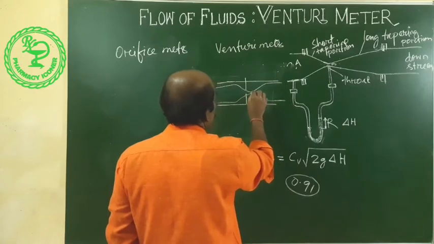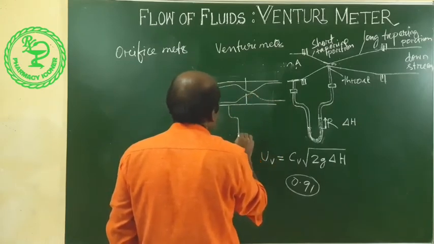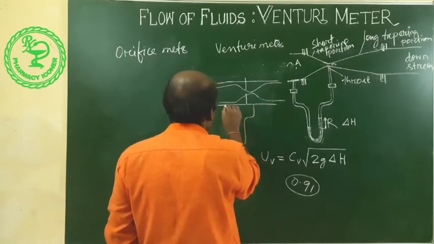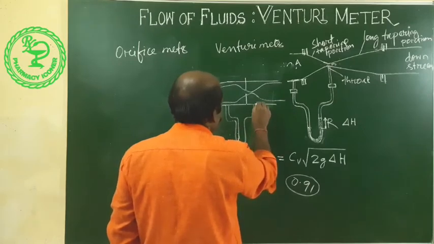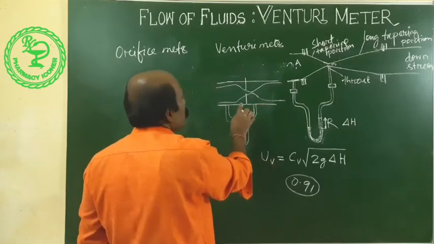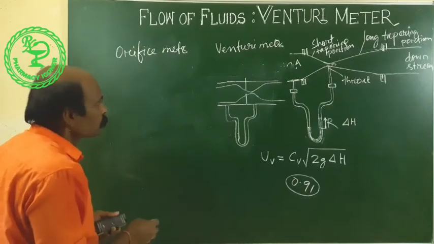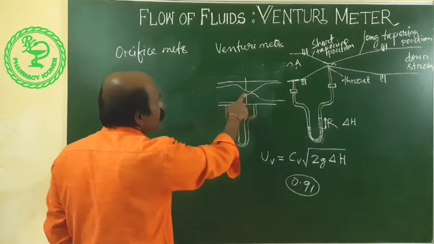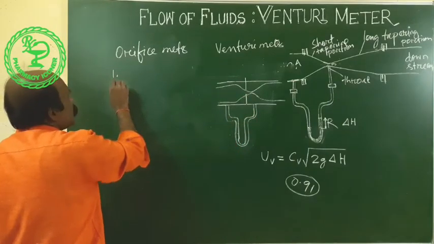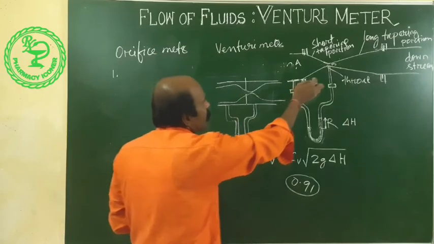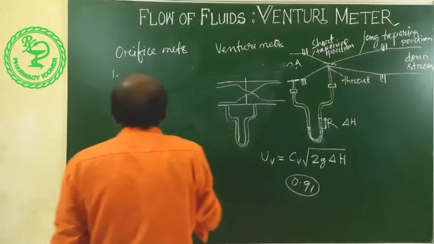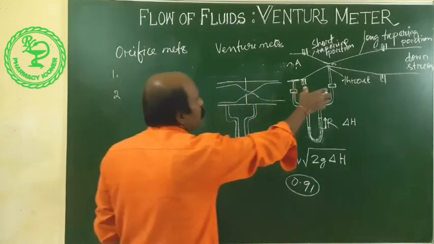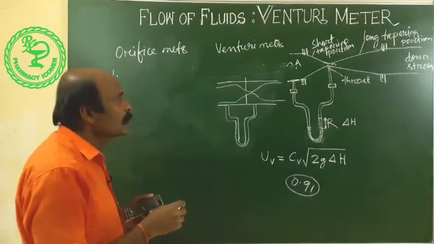It has the B point, so the manometer will be like that. Now you remember the structure of the orifice meter. First point, in the orifice meter the pressure drop is high, here the pressure drop is less. Number 2, in the orifice meter the energy loss is high. In case of the venturi meter, the energy loss is very low.